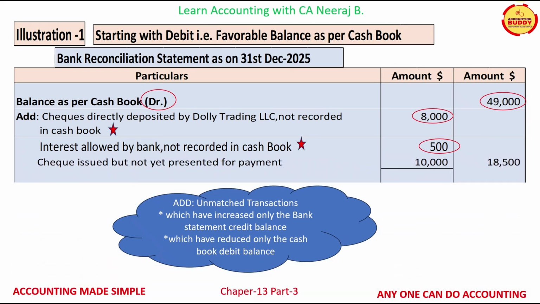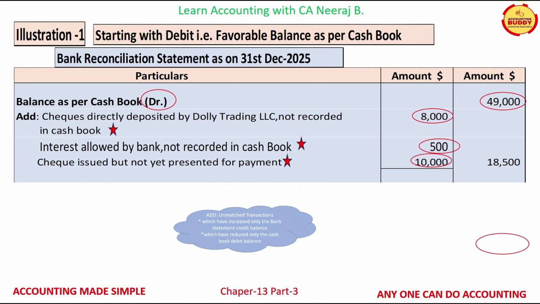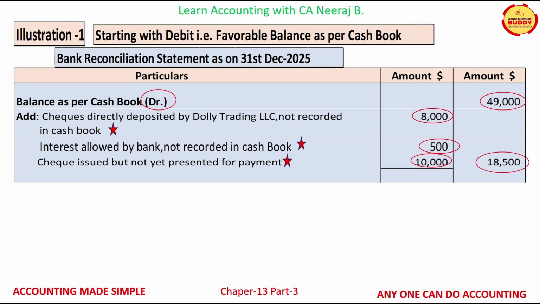The third unmatched transaction is a check issued but not yet presented for payment for $10,000. This amount is also added to the cash book balance. Therefore, the total of these three transactions, $18,500, is added to the cash book balance.